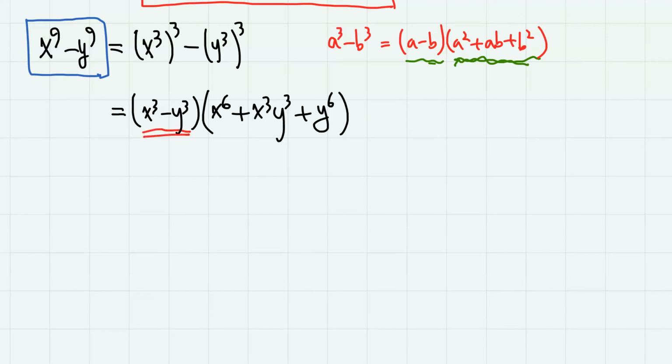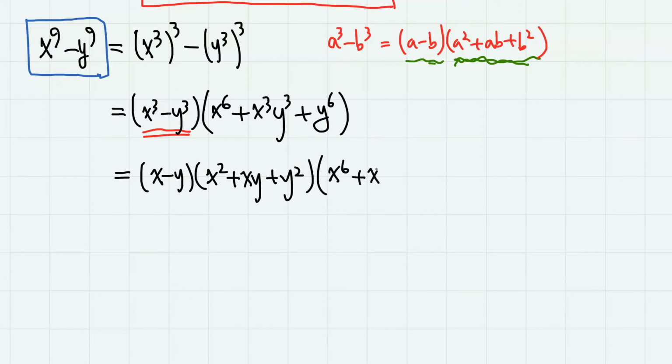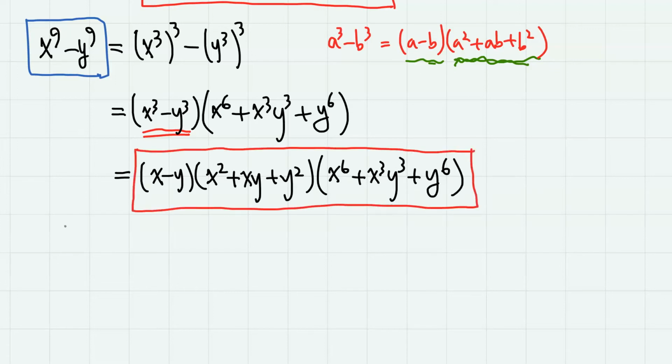And then we can further factor x cubed minus y cubed to obtain x minus y, x squared plus xy plus y squared, and x to the 6 plus x cubed y cubed plus y to the 6. So this is the answer.